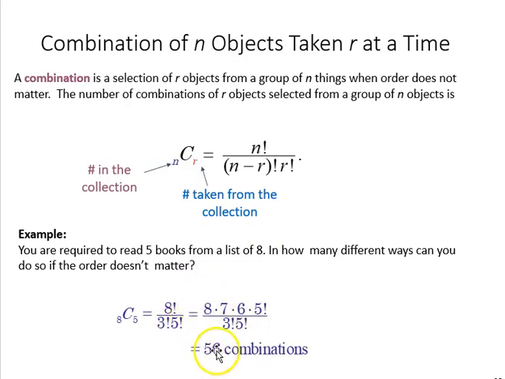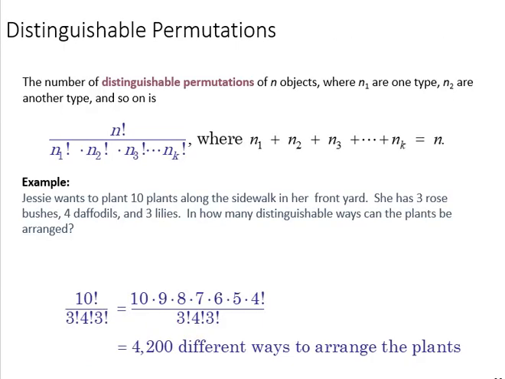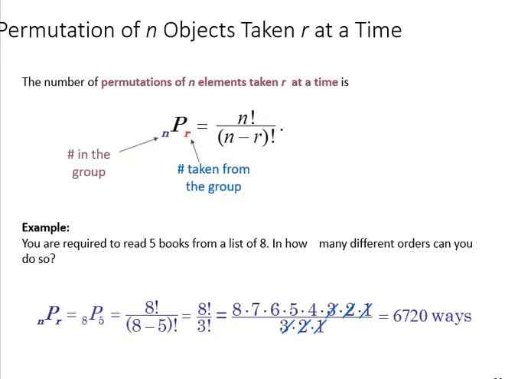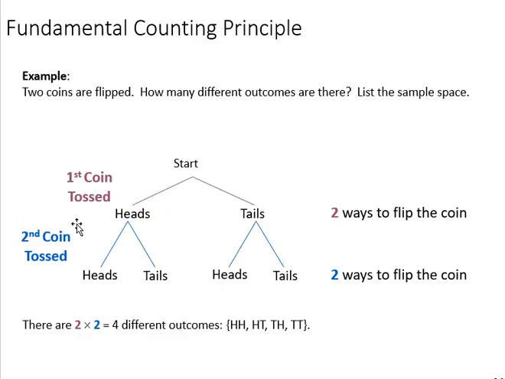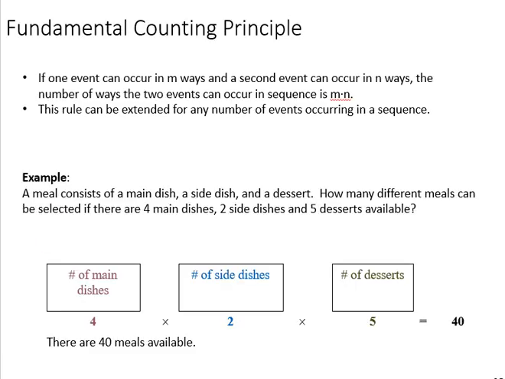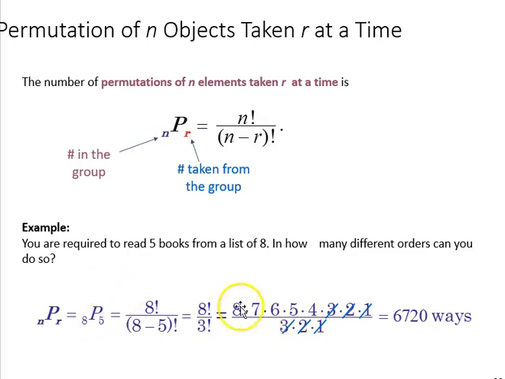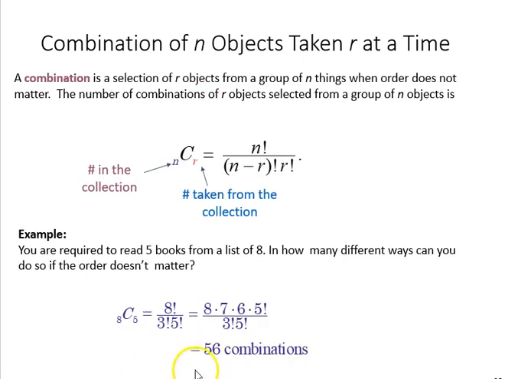So the math of that comes down to simply 56 combinations, which is far less, you'll recall, than if we back up and look at the permutation example. We saw that if the order mattered, there'd be 6,720 different permutations. But if the order doesn't matter, there's simply 56 combinations of books.